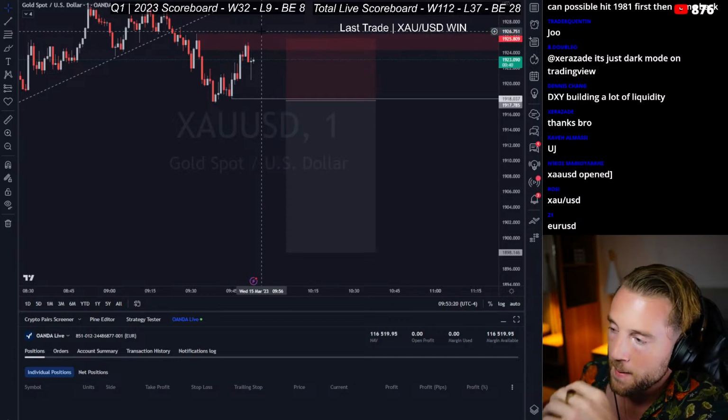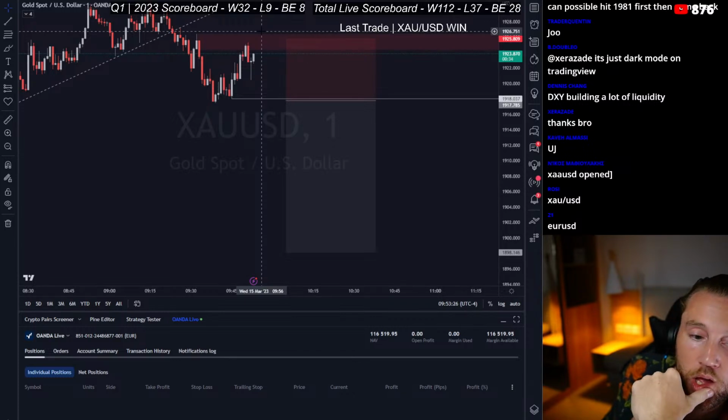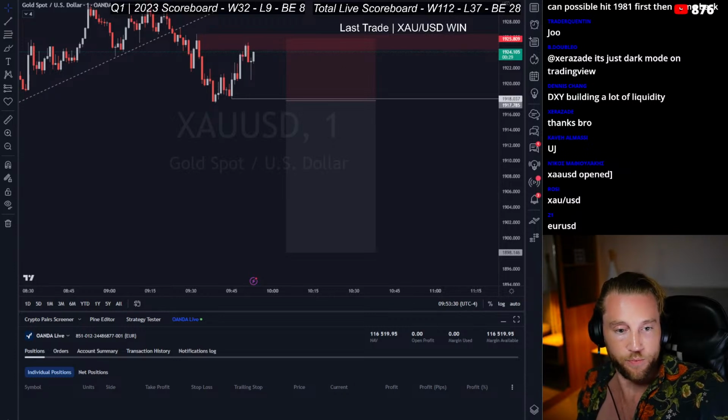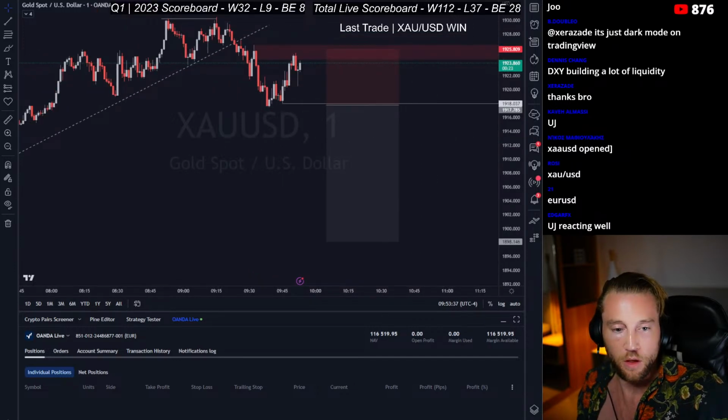Rejection right there. Dollar breaking a high. Gold building liquidity. Canadian dollar Swiss franc, too much liquidity to the downside. Okay. UJ rejecting, well.